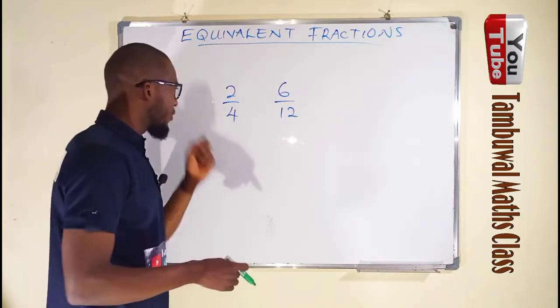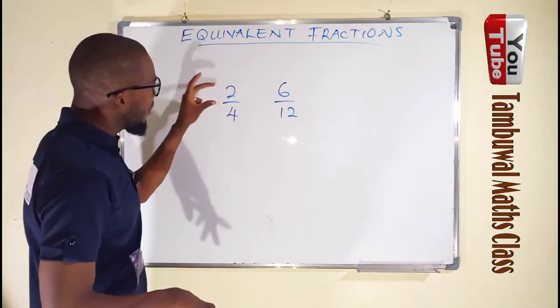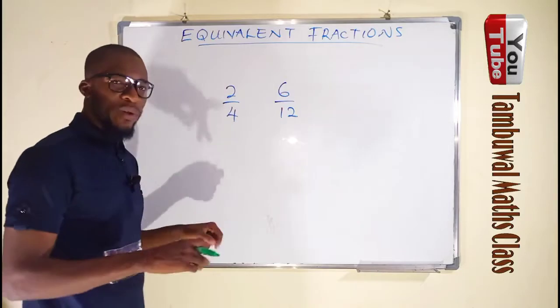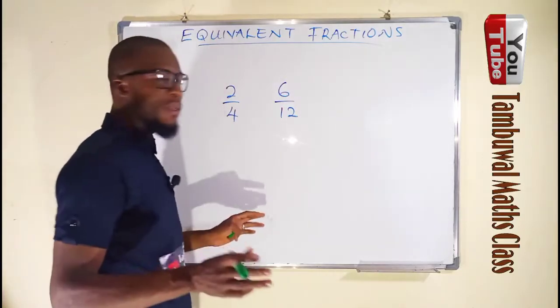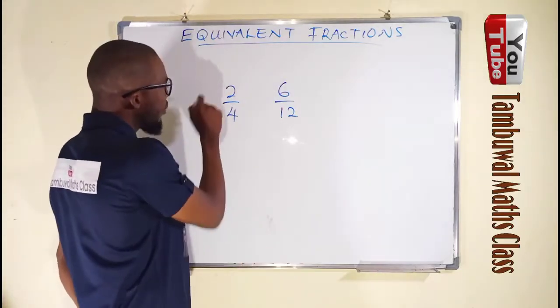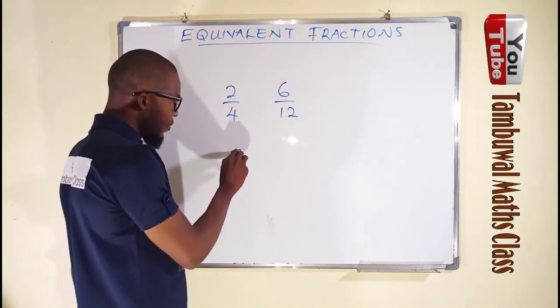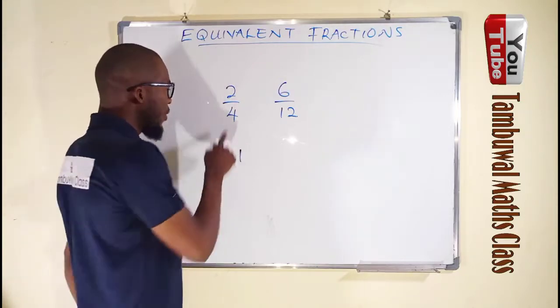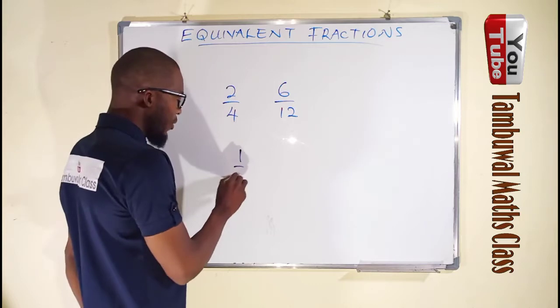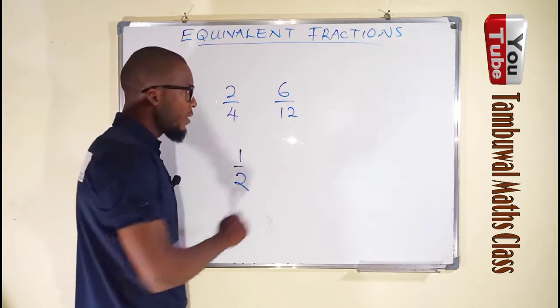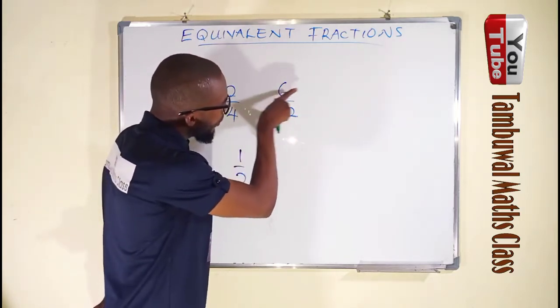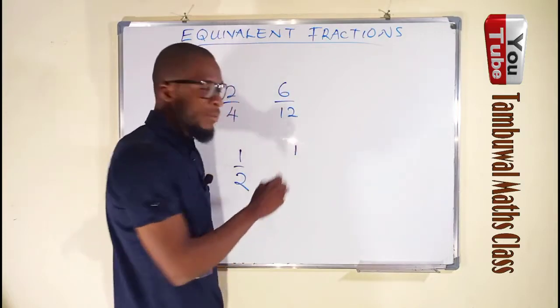This is number one. Number two, if we reduce these fractions to their lowest term, they will be exactly the same. 2 can go into 2 one time. 2 can go into 4 2 times. 6 can go into 6 one time.